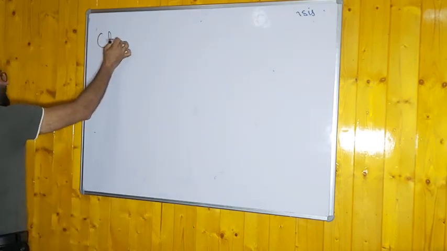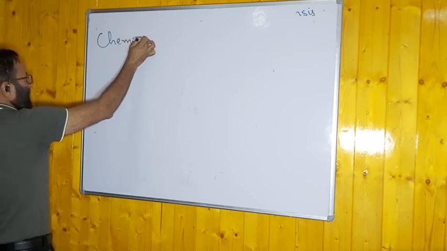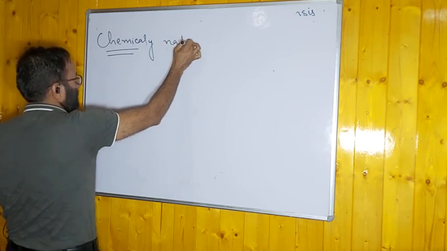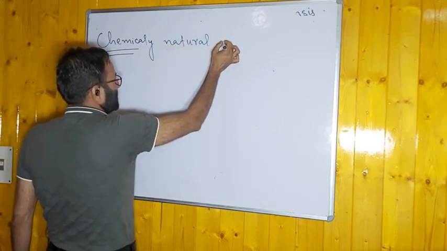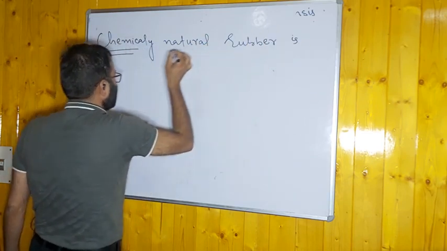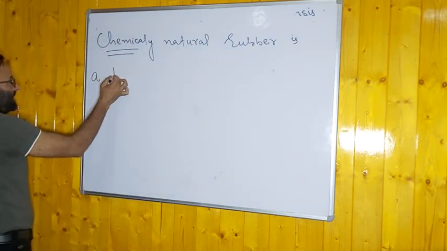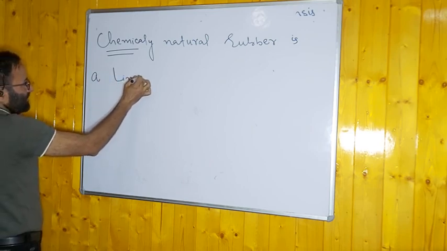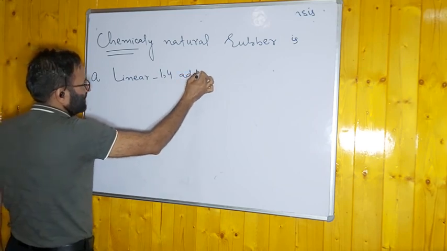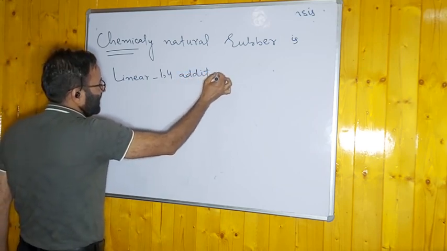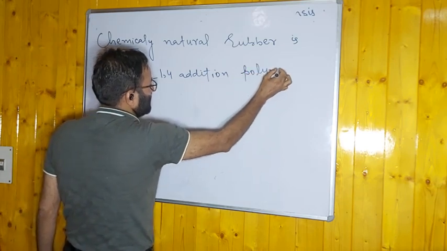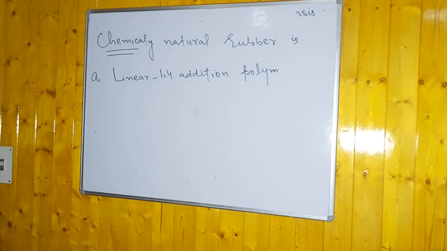Chemically, natural rubber is, this is the point you have to now mention, a linear 1,4 addition polymer of isoprene.